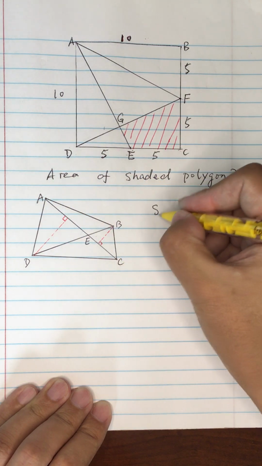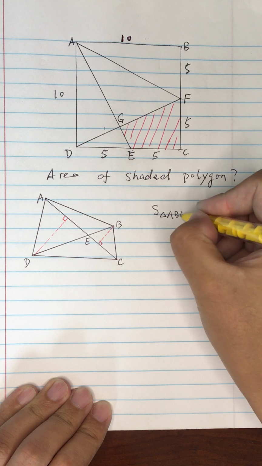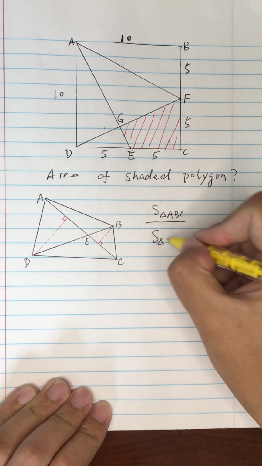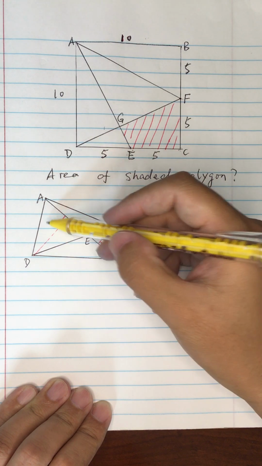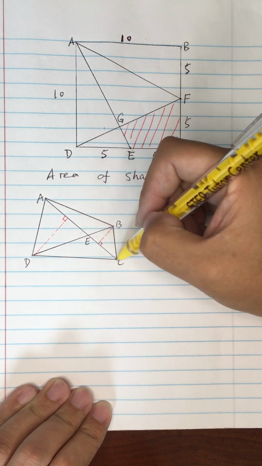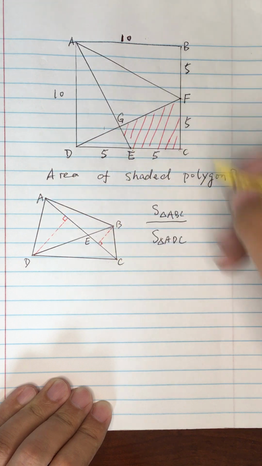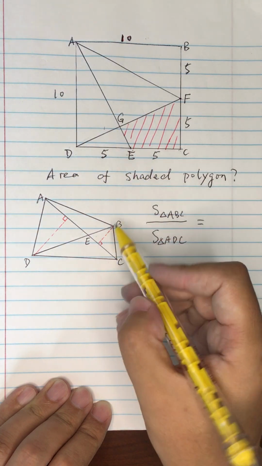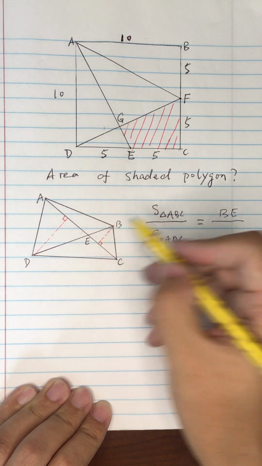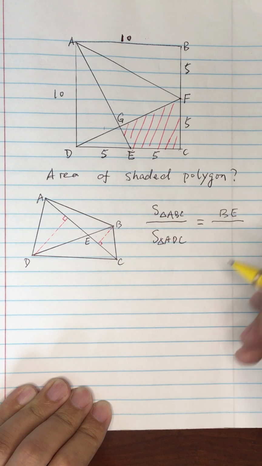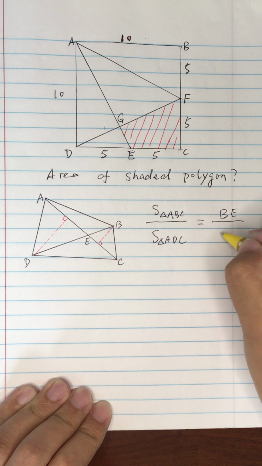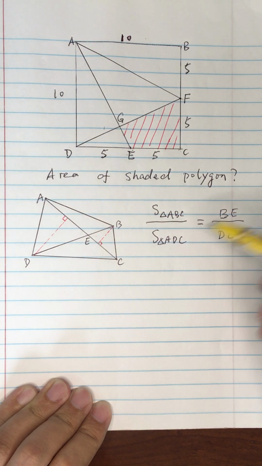The area of ABC over the area of ADC, if we compare the areas of these two triangles which share a common base AC, is going to equal the length of BE divided by the length of DE. So that's a result, right?